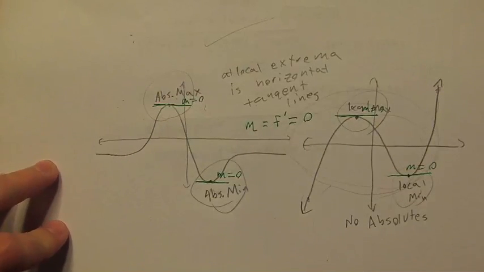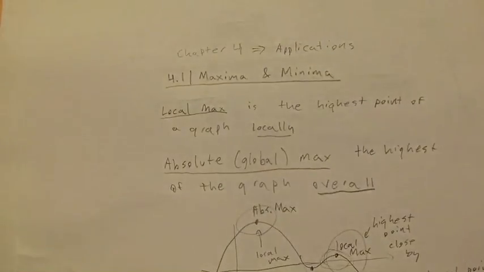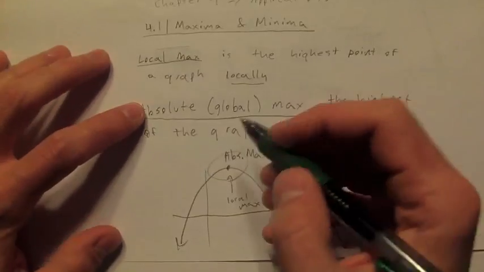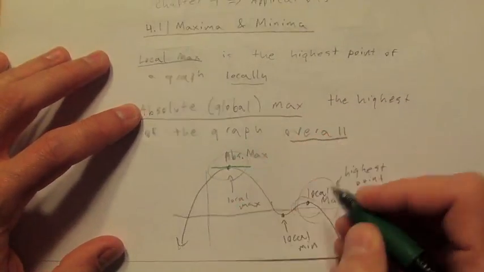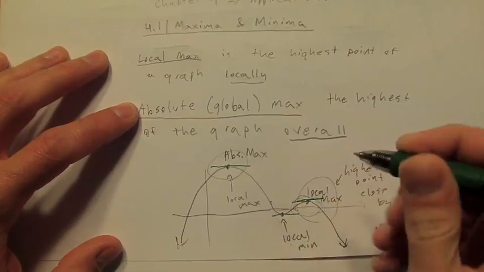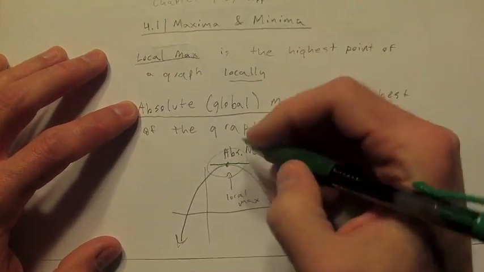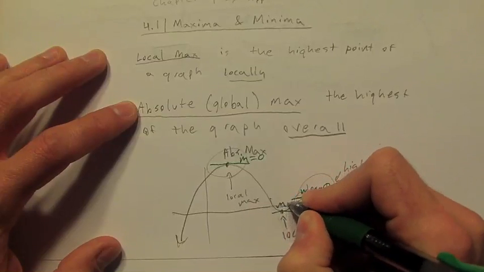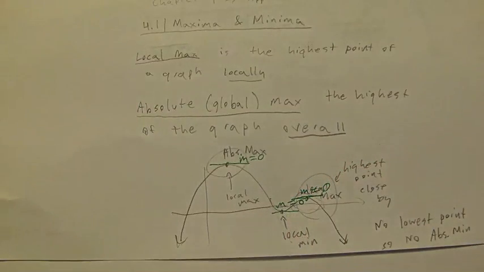And if I go back to the first example, at all of these turning points, I have a horizontal tangent line, horizontal tangent line, horizontal tangent line. So 0 slope, 0 slope, 0 slope. These are all places where the derivative is equal to 0.